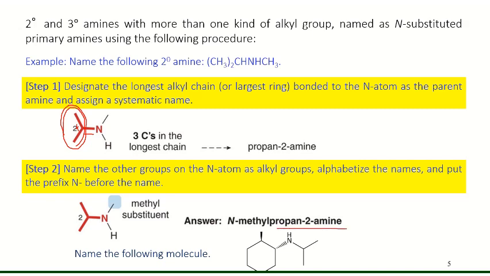But we also have to tell the reader how many other groups are present on the nitrogen and what type of groups they are. In this case, we have a methyl present, so we tell the reader that we have a nitrogen methyl, or an N-methyl. So now it's N-methylpropan-2-amine. It's not too bad.